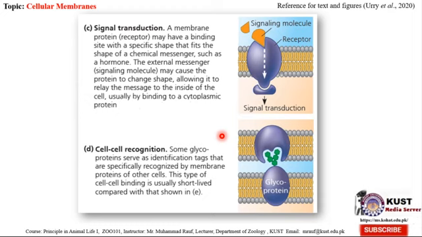So in order to perform this function, the glycoproteins serve as identification tags that are specifically recognized by membrane proteins of other cells. This type of cell-cell binding is usually short-lived compared with that shown in the next slide, which is permanent. So here we will also discuss the role of carbohydrates in cell-cell recognition.